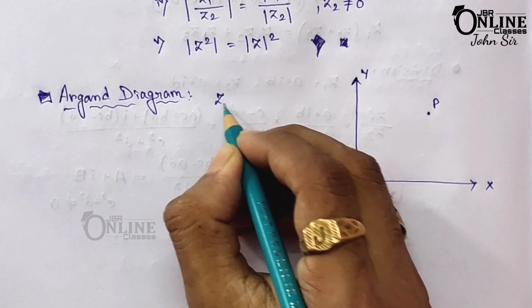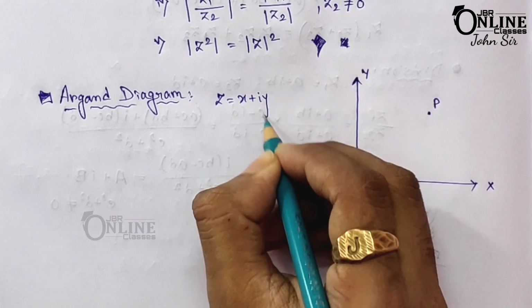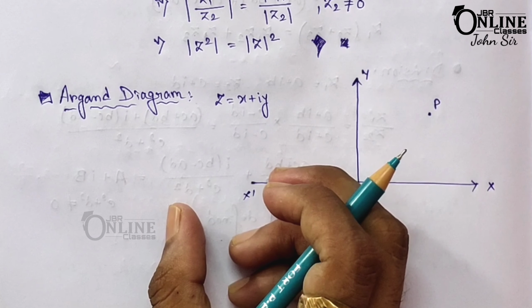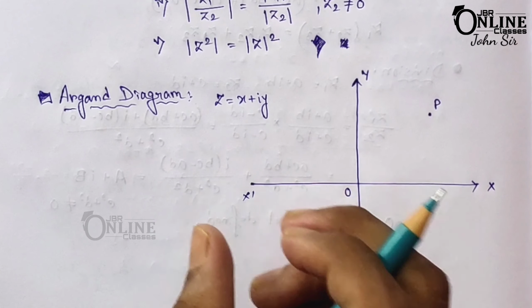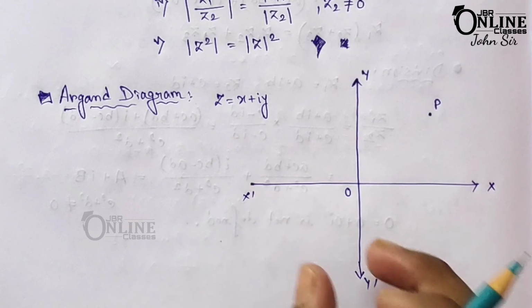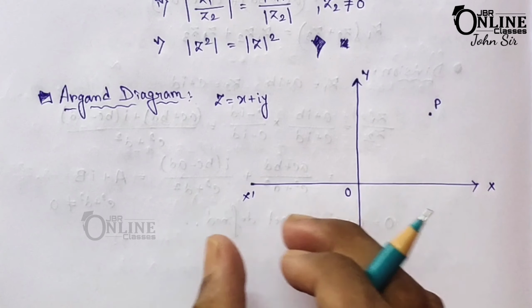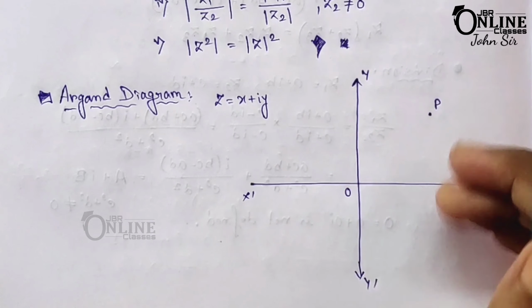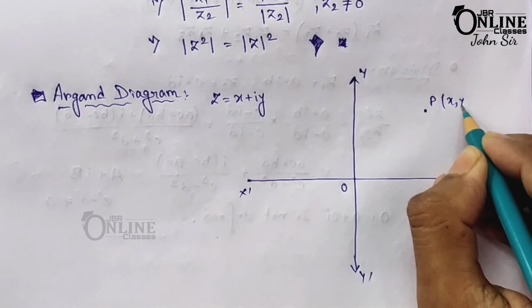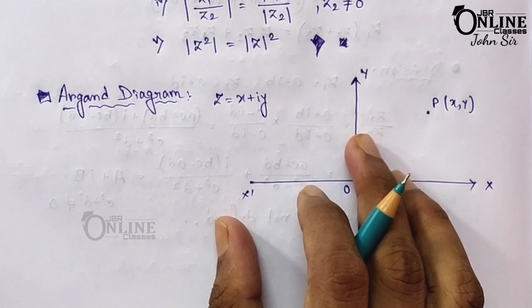Now suppose z equal to x plus iy is a complex number, and let P be the point whose coordinates with reference to the x axis and y axis are x comma y. So the coordinates of P are x comma y.